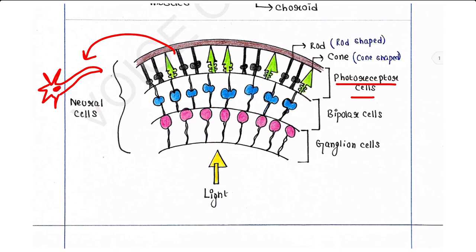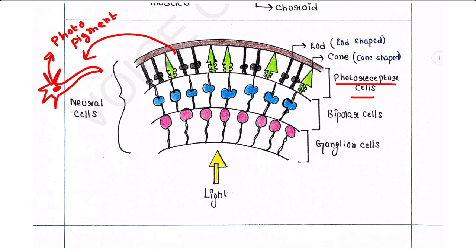Suppose this is the photopigment that is present in one photoreceptor cell, let it be rod or cone.